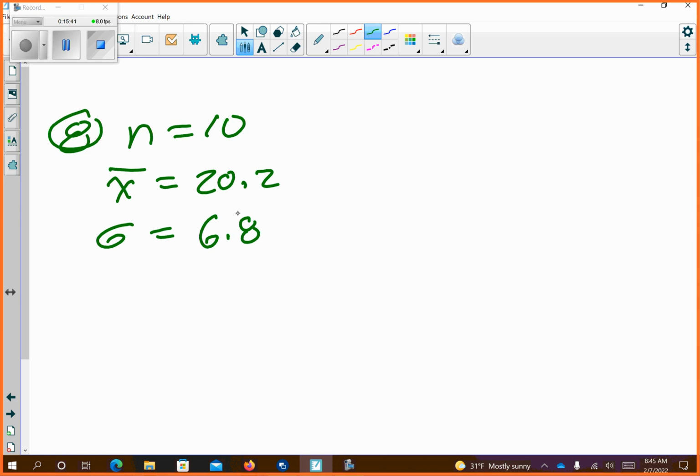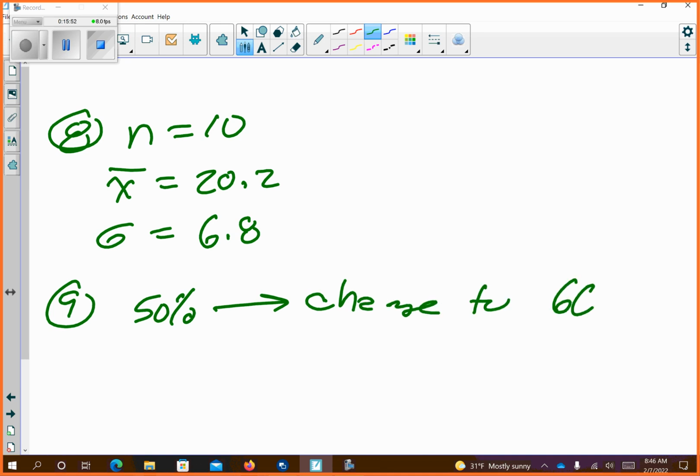Well, Stirrup made a boo-boo. Sorry. They want a 50% confidence interval. Let's change this to 60% because your t-table doesn't have 50%. Sorry, I got the B version of it. I didn't get the A version.